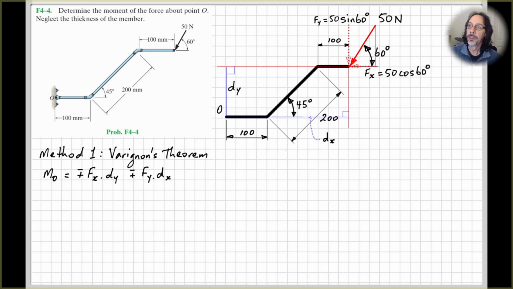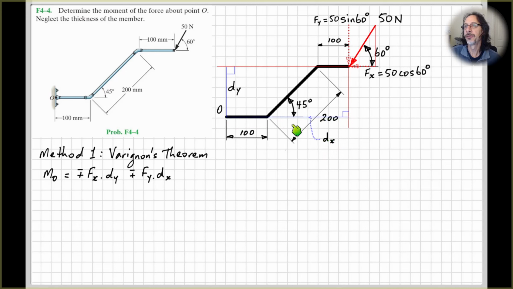And then if we want to know the perpendicular distance to this vertical component, again this is where having drawn my component at its correct line of action helps. So here I draw my line continuing through the line of action of this vertical component Fy, and then I say, okay, what's the distance perpendicular to this line of action from point O? That will be this blue line that I've drawn here and labeled dx.